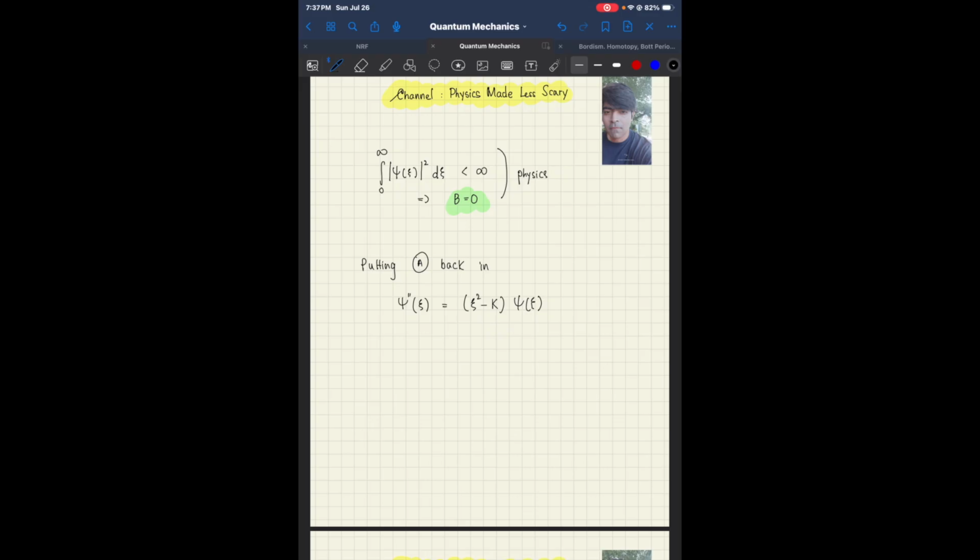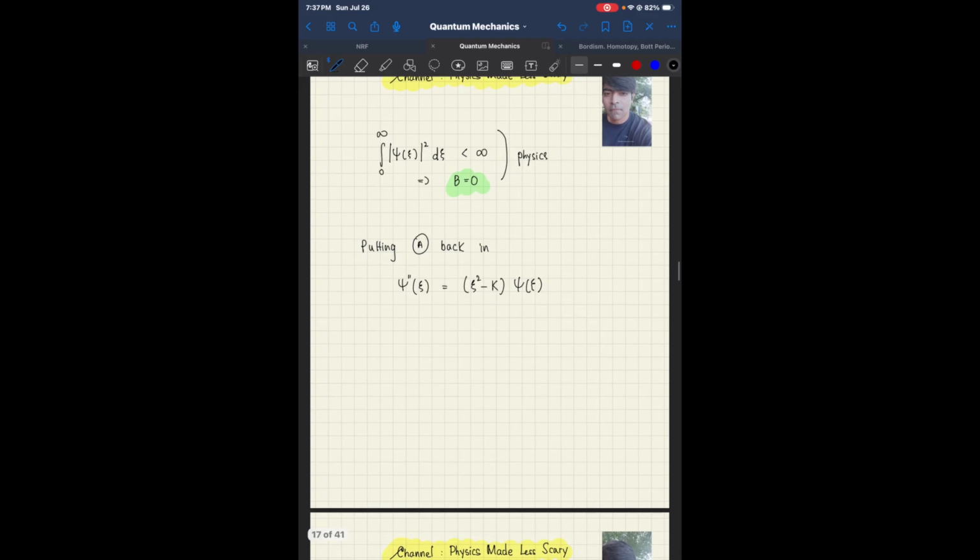This equation simply reduces, if I put A back, to d square h by d psi square, minus 2 psi dh d psi, plus k minus 1 h is equal to 0.